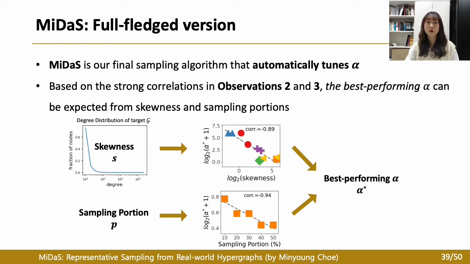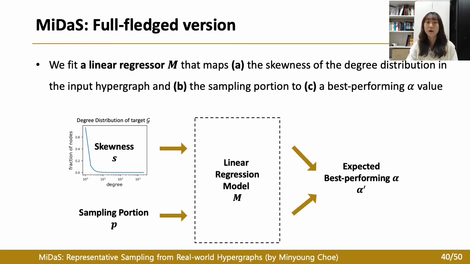Based on the strong correlations found in observations 2 and 3, the best performing alpha can be expected from the skewness of the degree distribution in the input hypergraph and the sampling portion. So, we fit a linear regression model M to the best performing alpha values on the considered datasets under 5 different sampling portions.